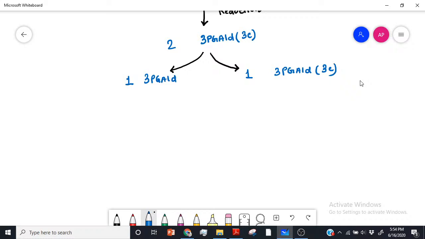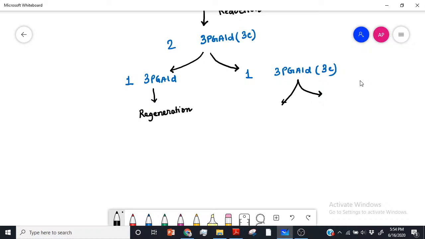Okay, it goes into regeneration. Okay, and over here what happens? Over here two things happen.